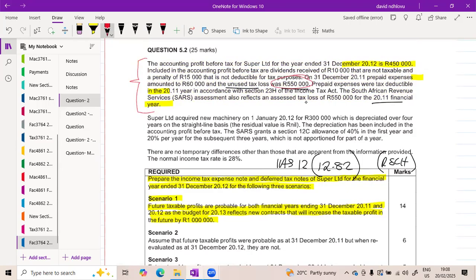But they are telling you that you are confident, and you were confident of this from 2011 and 2012, that you will be able to recover this amount in the future from taxable profits. Because you are confident that in 2013 you will start making profits of 1 million, in which case this particular amount, which is the assessed loss, can then be deducted from there.